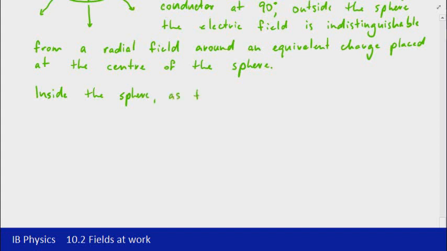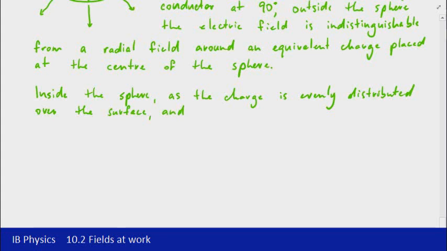Because the charge is evenly distributed, and second thing to be aware of, so charge is evenly distributed over the surface, and also given that the electric field strength around a charge, so basically we're looking then at the inverse square law between electric field strength and distance.